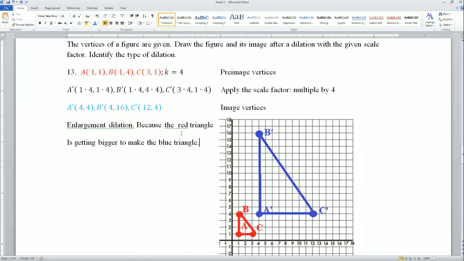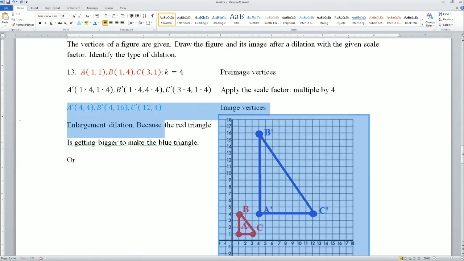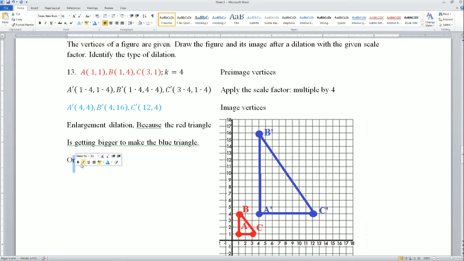But again, you can also say because you multiply by a scale factor of 4. Or you can say enlargement dilation because the scale factor is greater than 1. Both explanations would work for this example.